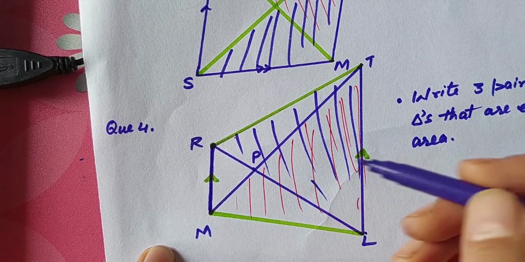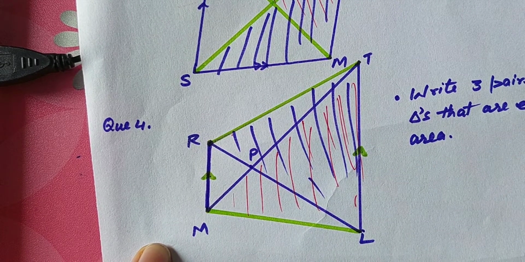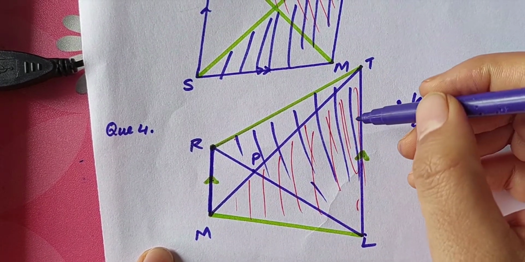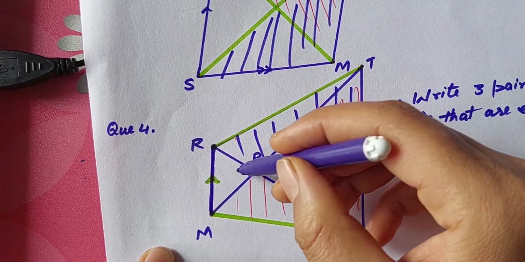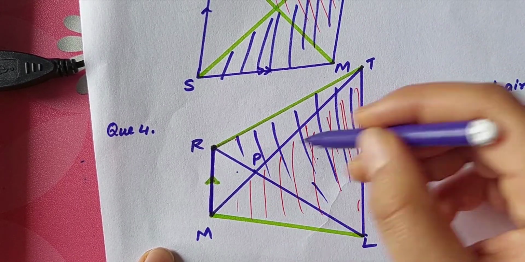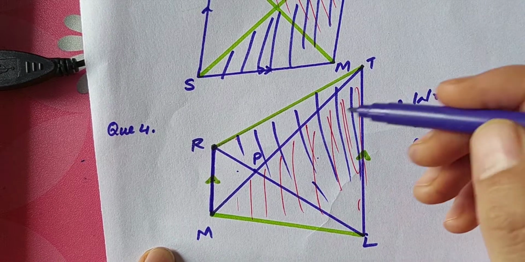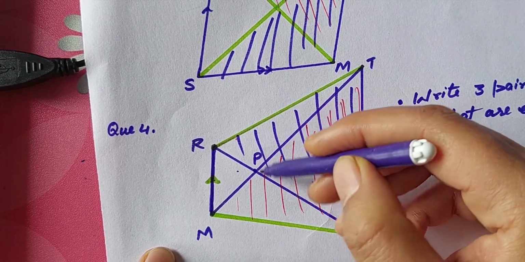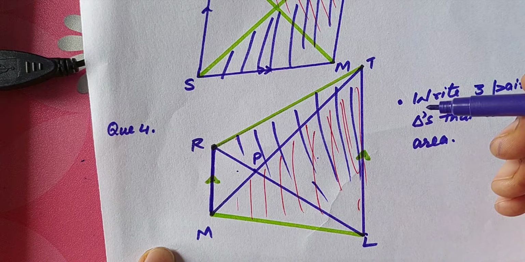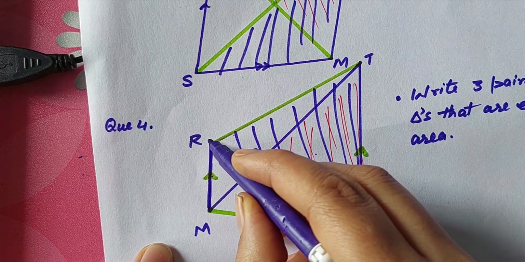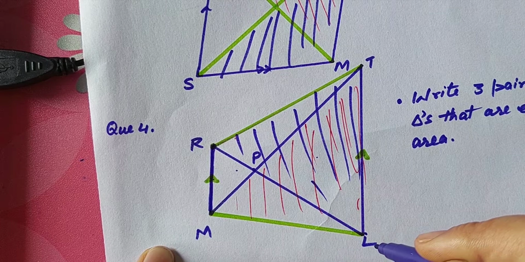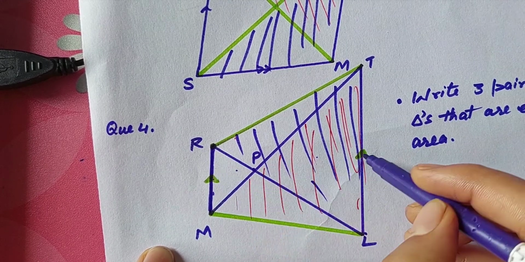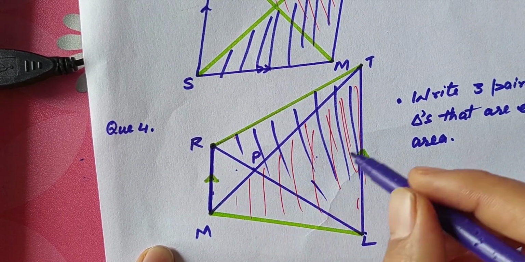What I wanted you to do actually, because we can see many triangles here, is this and this cannot be the same in area, they're not visually even, but this and this, they look the same. So yes, because RMT and RML have the same area, because of the same base and same height between the parallel lines.